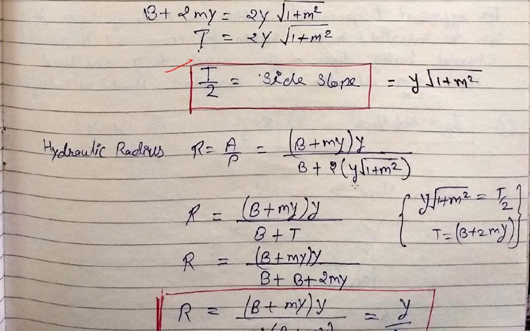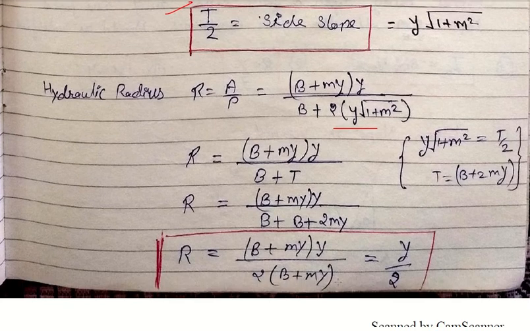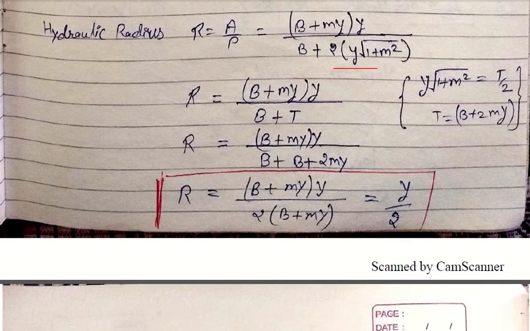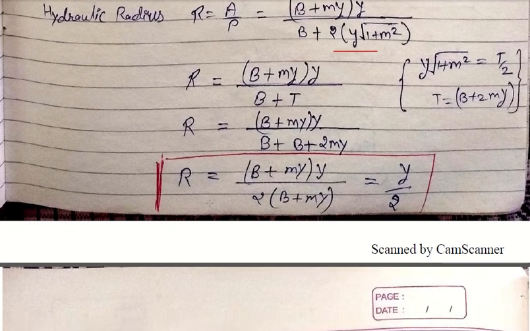So this is equals to T, top width, and this top width is equals to b plus 2 m y. Now b plus m y is cut. Now hydraulic depth is equals to depth of flow by 2. There is another condition.